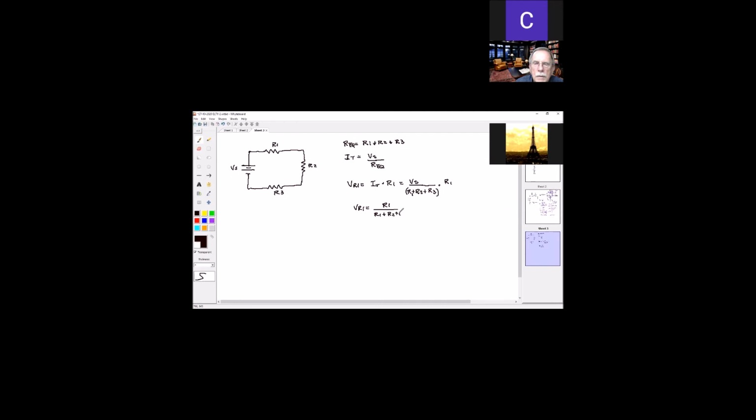Yes, I'm getting there. I got to write this first. Is this the same as this? Mathematically, is this the same as this?